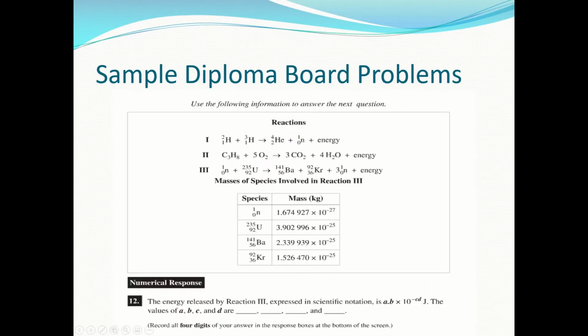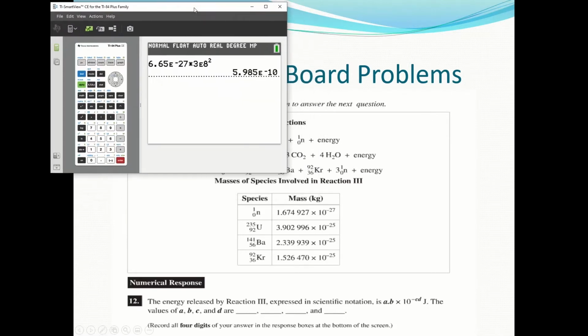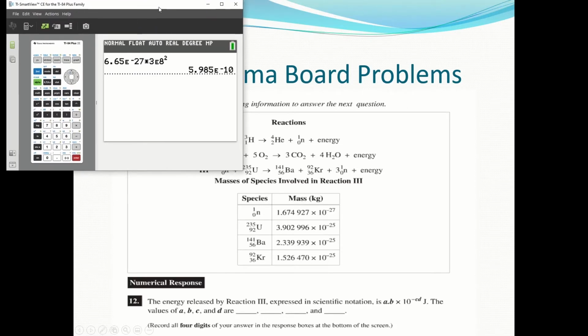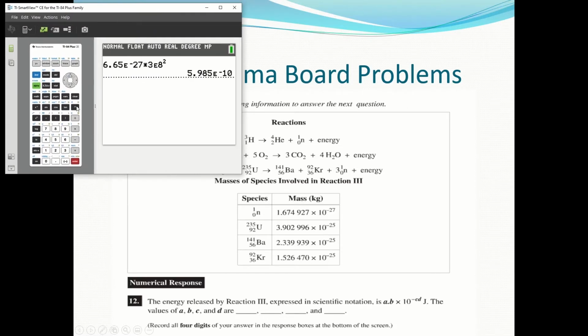The energy released from reaction 3 expressed in scientific notation, so it gives us all of this. Okay, so let's calculate that. We need to add up the mass of our reactants. So we have a neutron, which is 1.674927 times 10 to the negative 27.